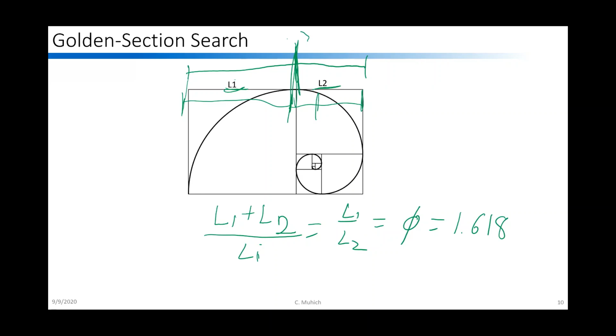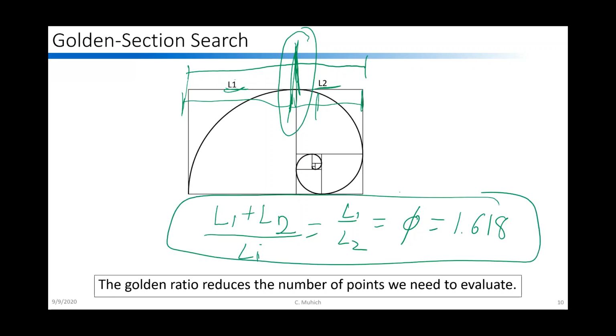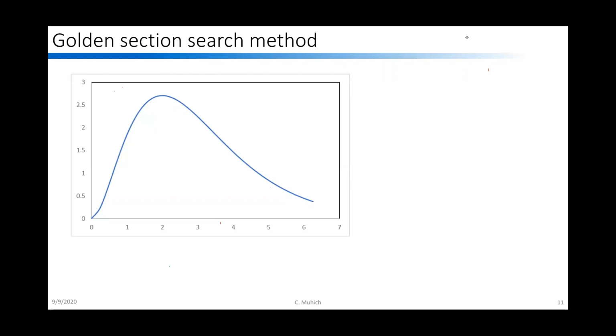So as I start doing my algorithm, looking for which position my maximum must lie between, I can start saving points. What this is in essence going to do is reduce the number of points that we have to evaluate our function at, as long as we use this ratio in determining where we need to bisect our segment. Let's put this into practice.